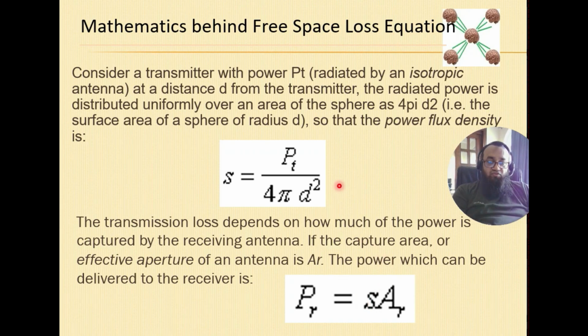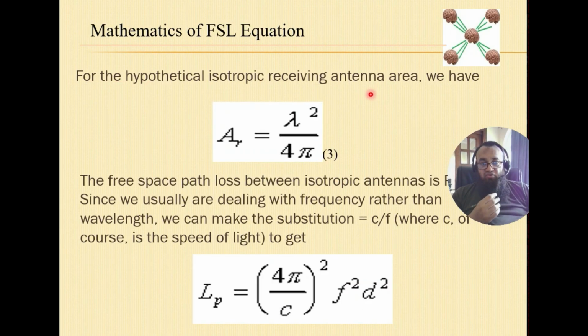So let's go further. If we are using a hypothetical isotropic receiving antenna area, just as I told you, we are sending from an isotropic antenna, so for this we are also receiving with an isotropic antenna. And for this isotropic antenna, the area is very much dependent on the wavelength of the signal.